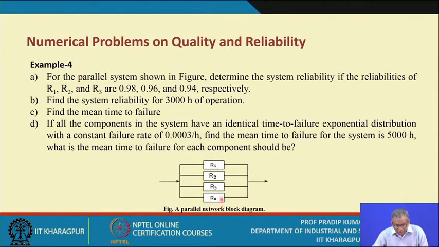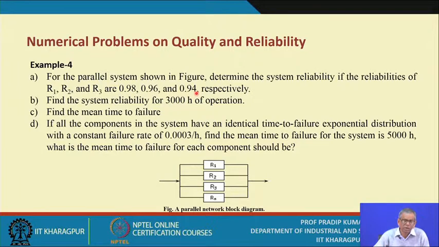I have shown n components in parallel, but for the given problem you just assume that n equals 3. That means just 3 components in parallel configuration, with component reliabilities R1 is 0.98, R2 is 0.96 and R3 is 0.94.